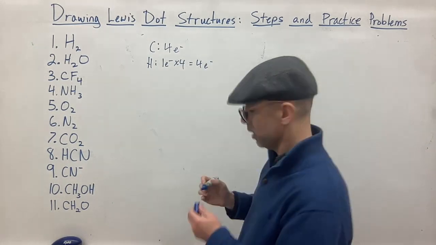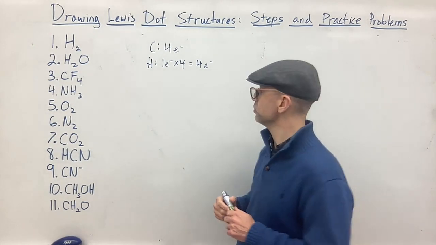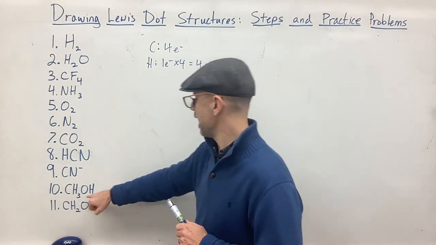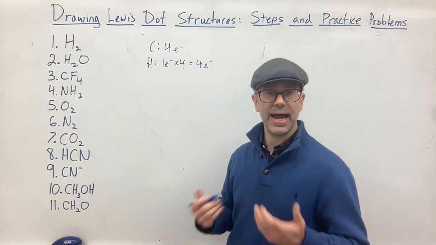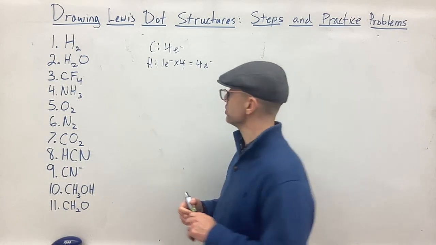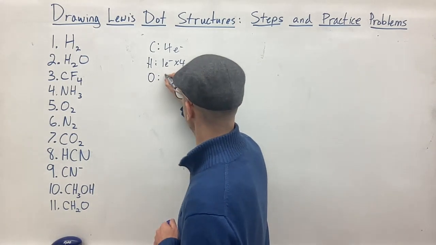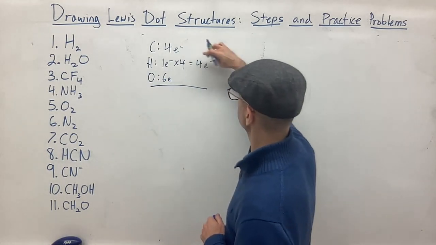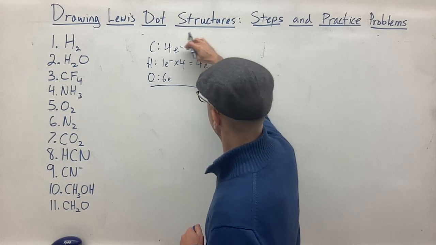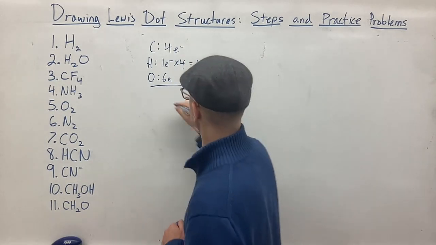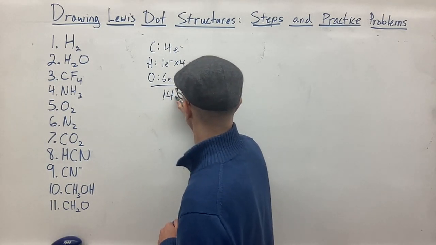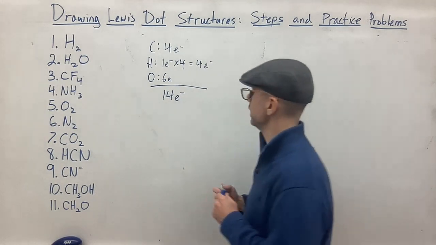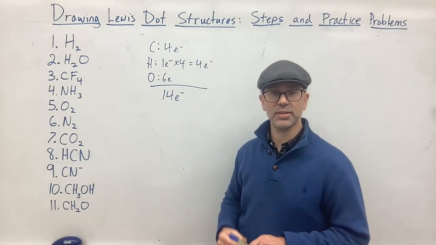So I have 4 valence electrons from my hydrogens. And I have 1 oxygen that has 6 valence electrons because it's in group 6. So if I add these together, 4 plus 4 is 8. 8 plus 6 is 14. So I have 14 valence electrons. So that's the total number of valence electrons.